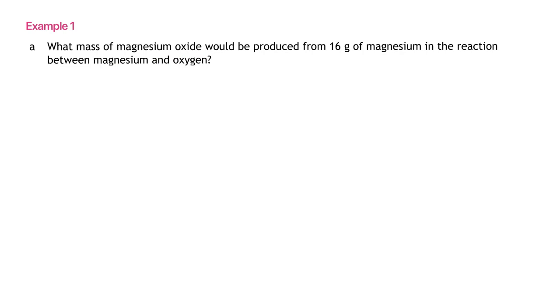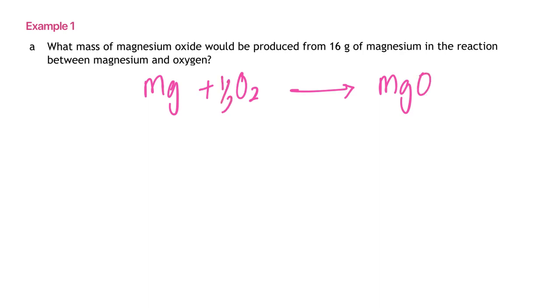So I can start with step one: write the equation down and highlight the ratios. The equation is magnesium metal reacting with O2, forming magnesium oxide. Because it's magnesium oxide with only one oxygen, this has to be half. If I highlight the ratios, I'll just use R here.